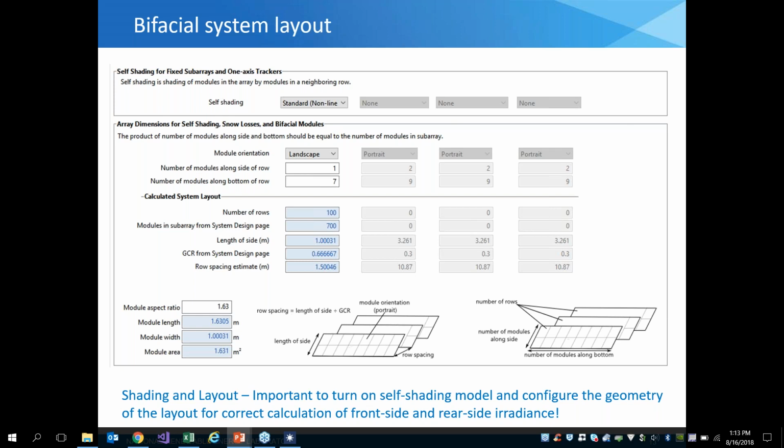And given your specification of the ground coverage ratio from the system design page, that will give us the row spacing and the geometric factors that we need in order to calculate the rear side irradiance.